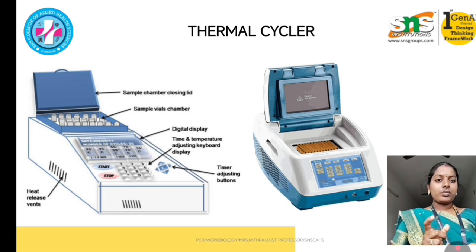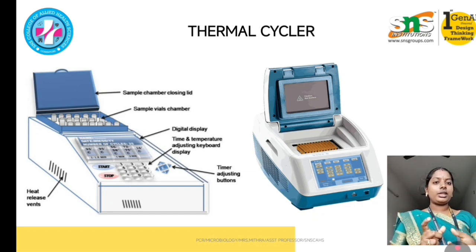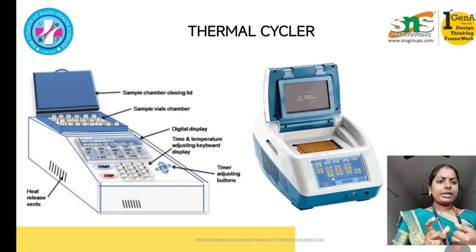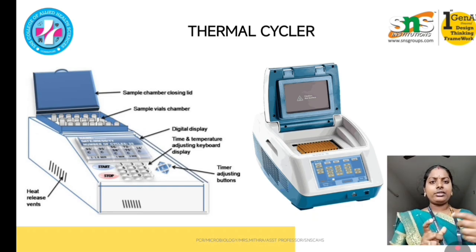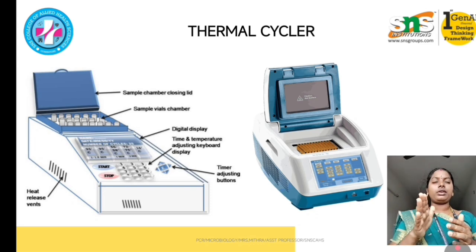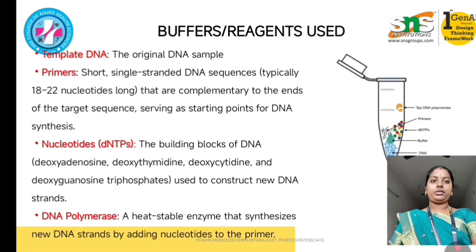A digital display is there, a time and temperature adjustable keyboard is also there, and the heat releasing parts are also there. If more heat is generated, it gets released from the machine to protect the thermal cycler. So this is the overall setup of the thermal cycler, in which PCR and the amplification of DNA takes place.